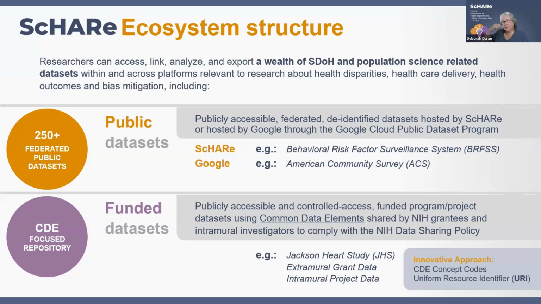We're using a common data element approach to deposit the data. What this will allow us to do is to create an interoperability, a harmonization across data sets that you don't have in the other ecosystems, in the other repositories.